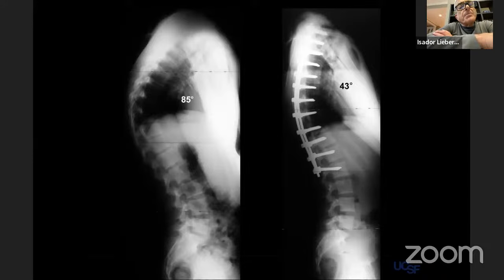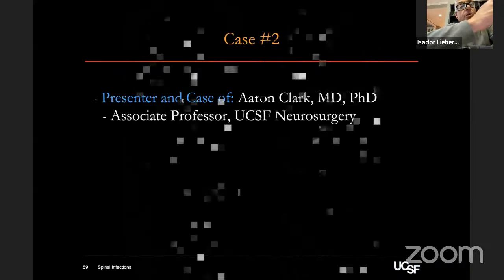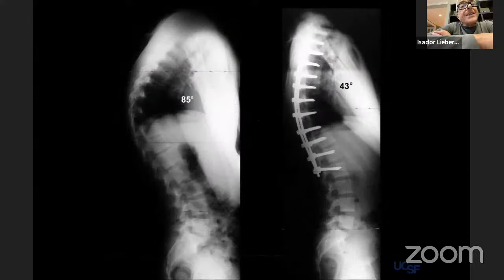So again, it all depends on the level and how you're trying to achieve a harmonious alignment through the spine. I do very little pedicle subtraction osteotomies now. I rely quite heavily on good facetectomies, Smith-Peterson or Ponte type osteotomies, and potentially some kind of anterior release.